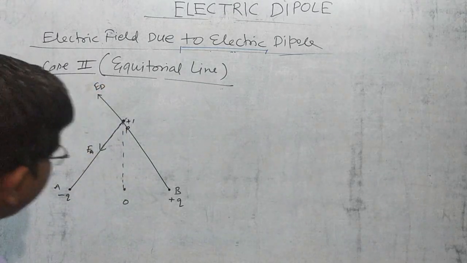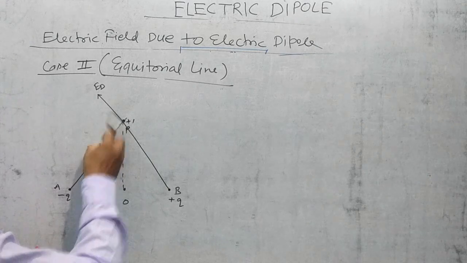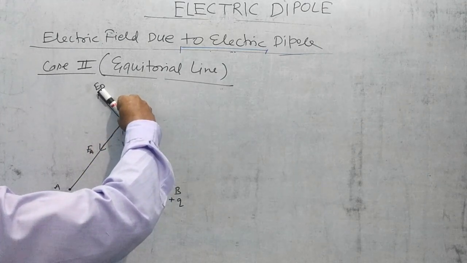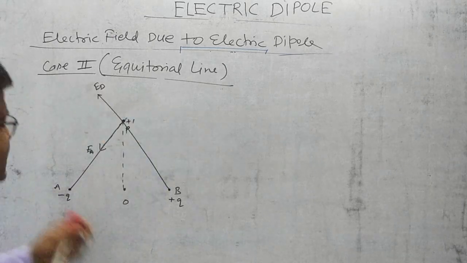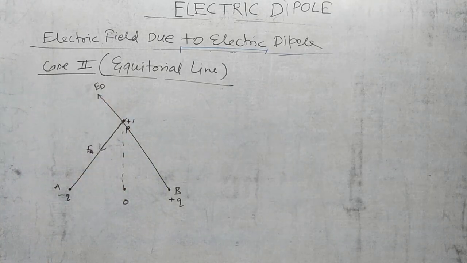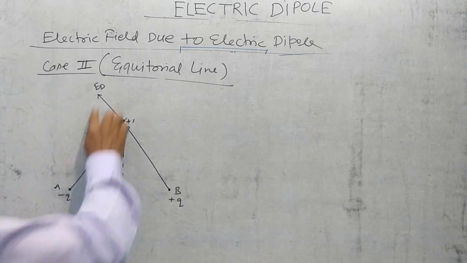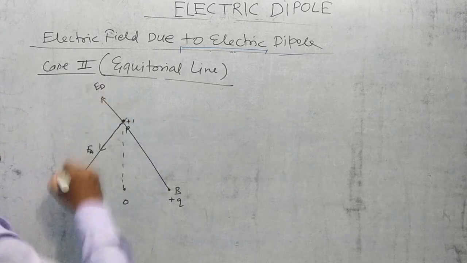And I want to draw just equal length. Why? Because charge and distance both are same. That's why these two vectors are approximately equal, and that's why I am drawing equal length here.